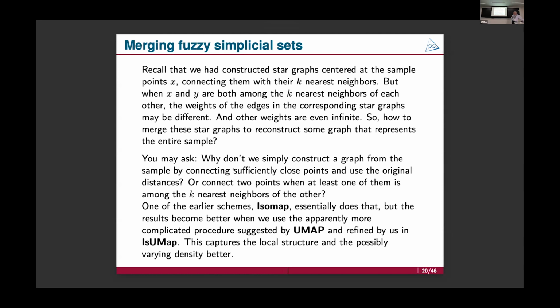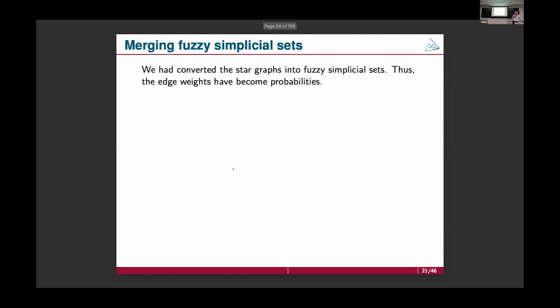Well, as I already said, one of the earlier schemes, ISOMAP, essentially did that, but the results become better if you use the apparently more complicated procedure suggested in UMAP, which we have then refined. This captures the local structure and the possibly varying density better, as I will show later. So we had converted the star graphs into fuzzy simplicial sets, and so the edge weights have become probabilities.